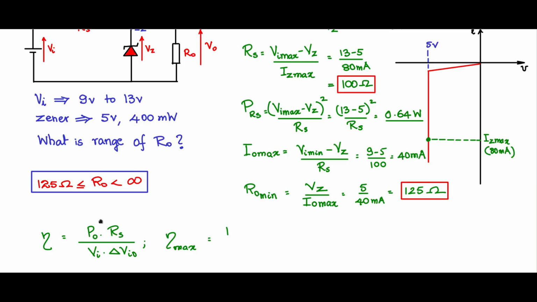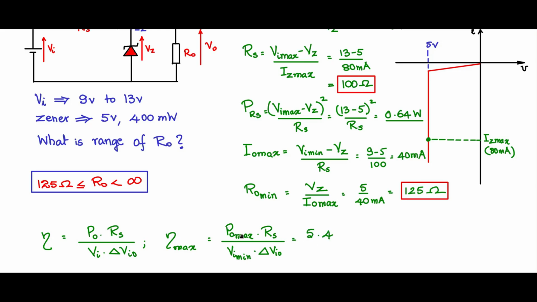P0 is max, so we will make P0 max. RS is a fixed value calculated for this particular circuit. Take VI min, and when you take VI min, delta VIO will naturally be smaller, and therefore the efficiency would be the max possible that you would get.